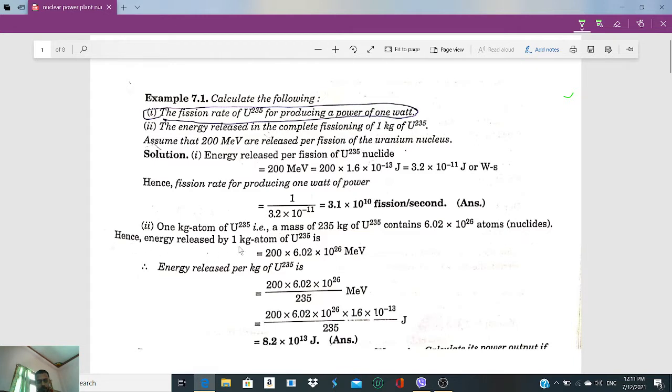So the energy released by 1 kg of uranium 235 is 200 into 6.02 into 10 power 26 upon 235 MeV. On calculating we will get 8.2 into 10 power 13 joule.